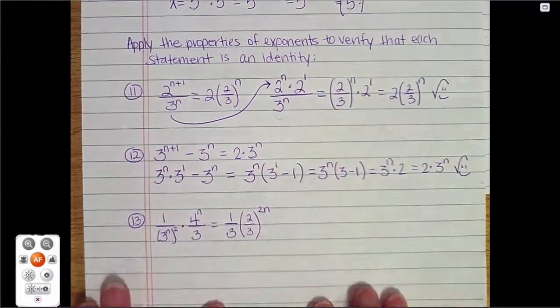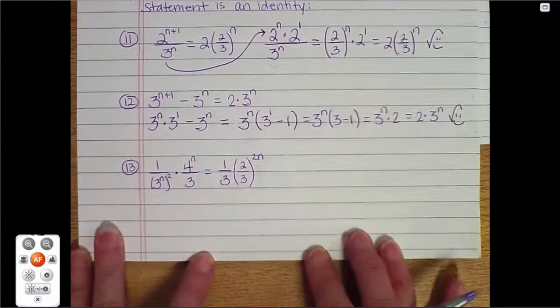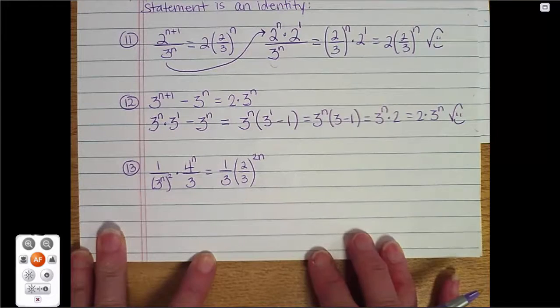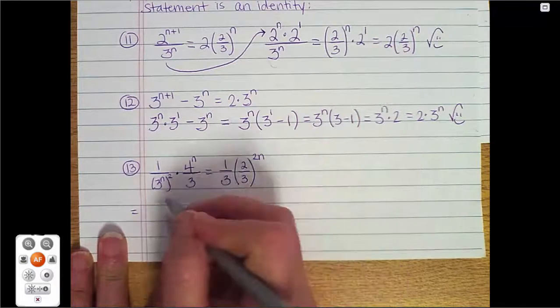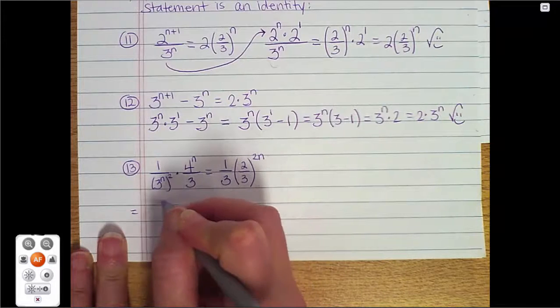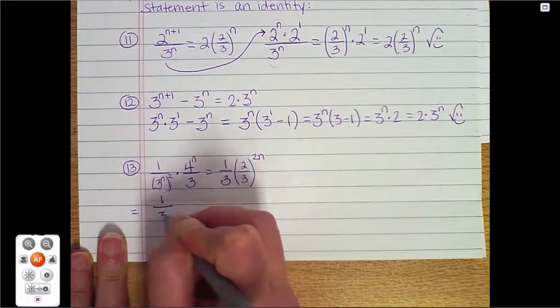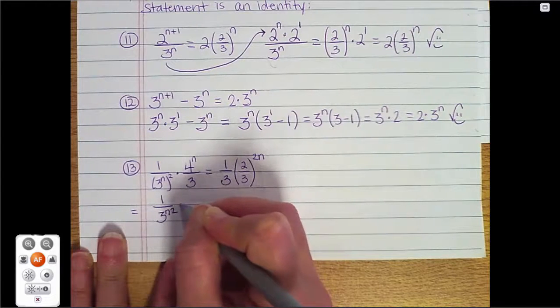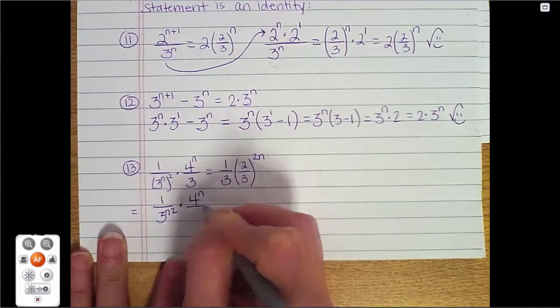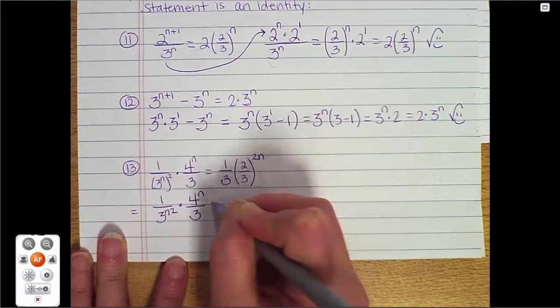Finally, I have 1 over 3n all squared times 4 to the n over 3. I need that to end up looking like 1/3 times 2/3 all to the 2n. So I rewrite my 1 over 3n to the second as 1 over 3n times 2, and that's still times 4n over 3.